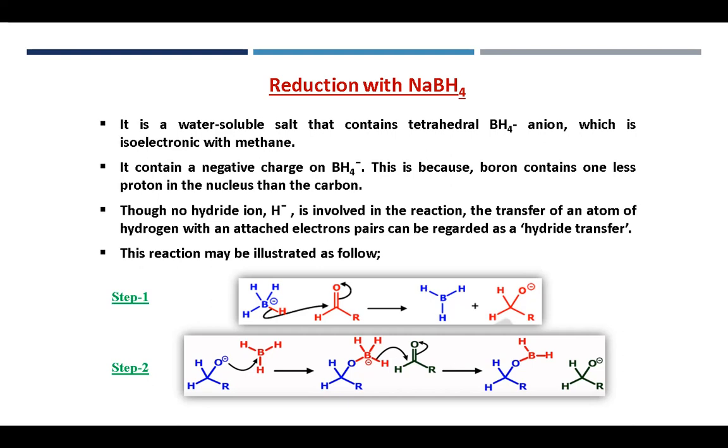The oxyanion produced in the initial step helps in stabilizing the electron-deficient BH3 molecule by adding to its empty p orbital. As a result, a tetravalent boron anion is produced again, which in turn transfers a second hydrogen atom, with its pair of electrons, to another molecule of aldehyde.